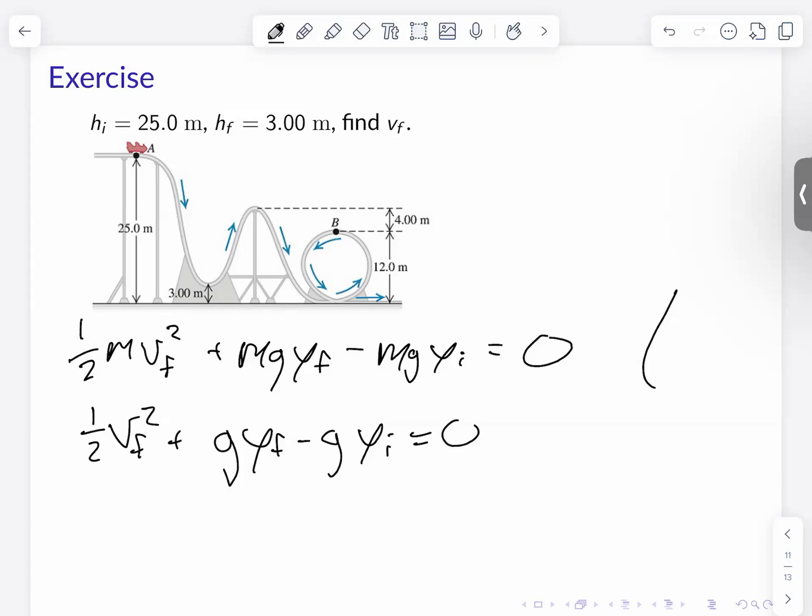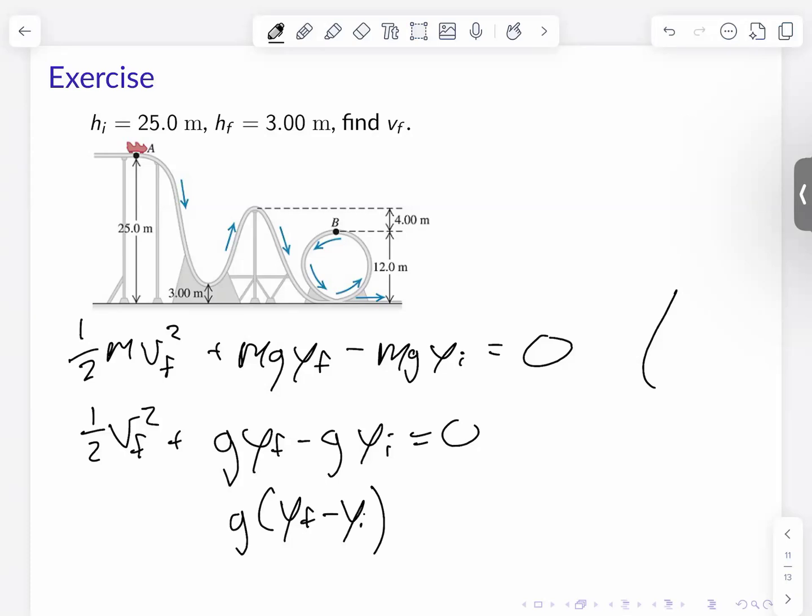Okay, now the next thing I see to simplify is that I've got g times this and g times that. Is there another way I can write that? Combine like terms, what would I get? So I would turn this into, wait a second, yf minus yi, what is that?